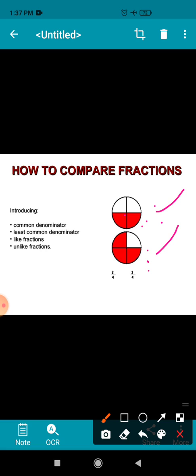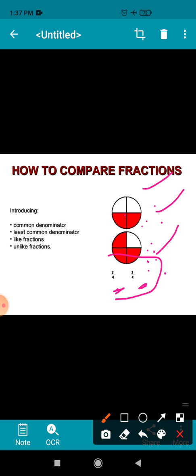If I ask which picture has more colored part, what will you say? You will say in the second picture 3 by 4 is the more colored part. So, for the first picture we will write 2 by 4. For the second picture we will write 3 by 4.